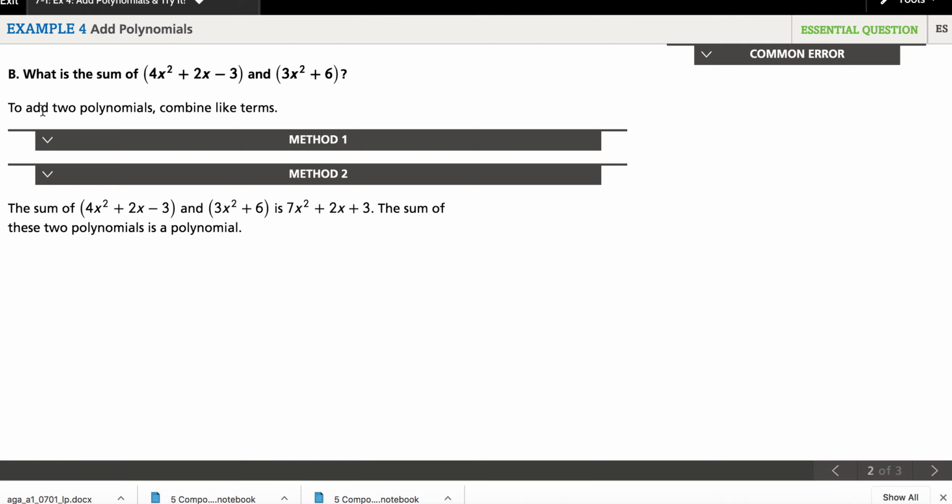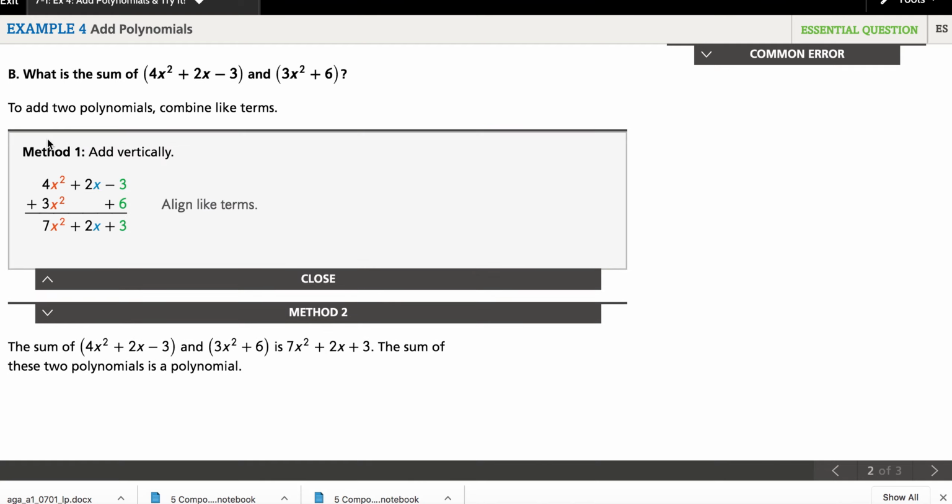Okay, we're going to introduce two methods of how to add these polynomials. The first method tells us that adding them vertically, we align like terms. As you saw in the first example, we align like terms.